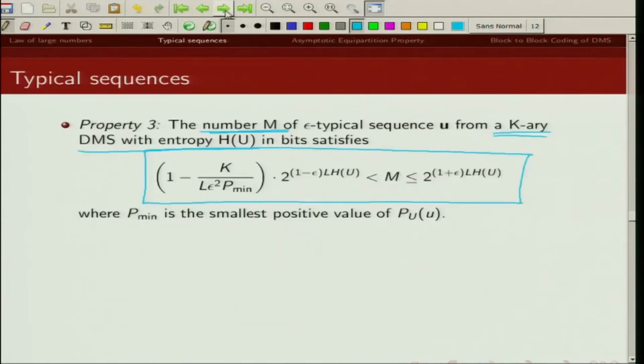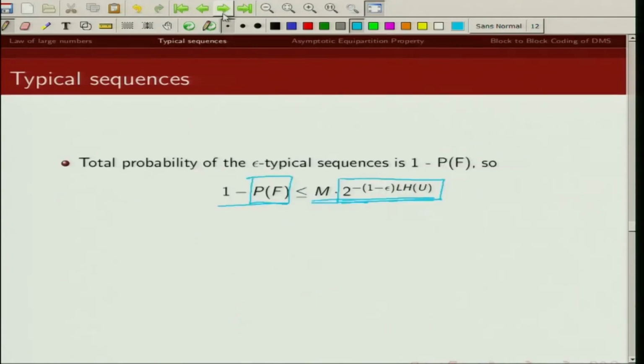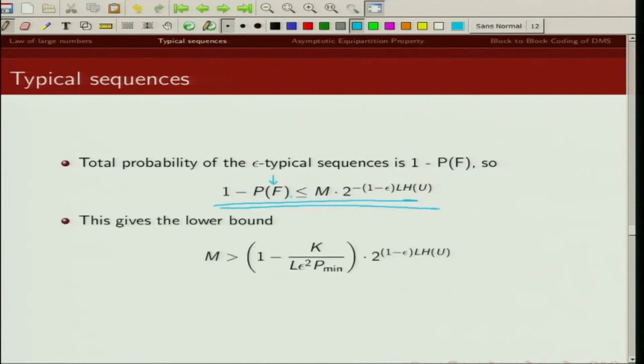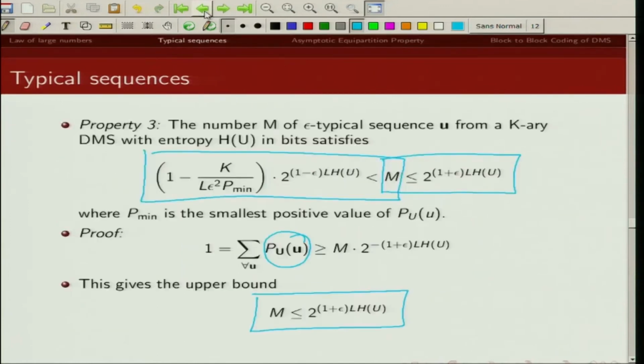So if we plug this in here, we are putting an upper bound on this. We are subtracting a larger number, so from here we get M is greater than or equal to this quantity. This is a lower bound on M, and earlier we computed an upper bound on M. So, combining both of them, we get an upper bound and lower bound on how many such typical sequences exist.